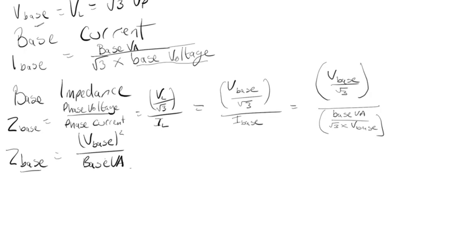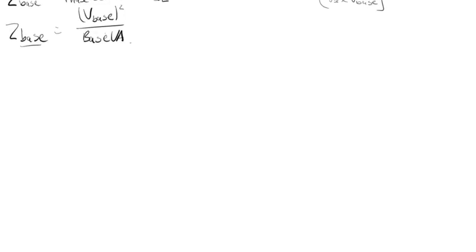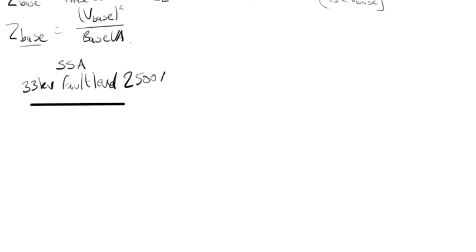So let's just do a little example. Say we have a system where we have substation A at 33 kV, fault level 2500 MVA.